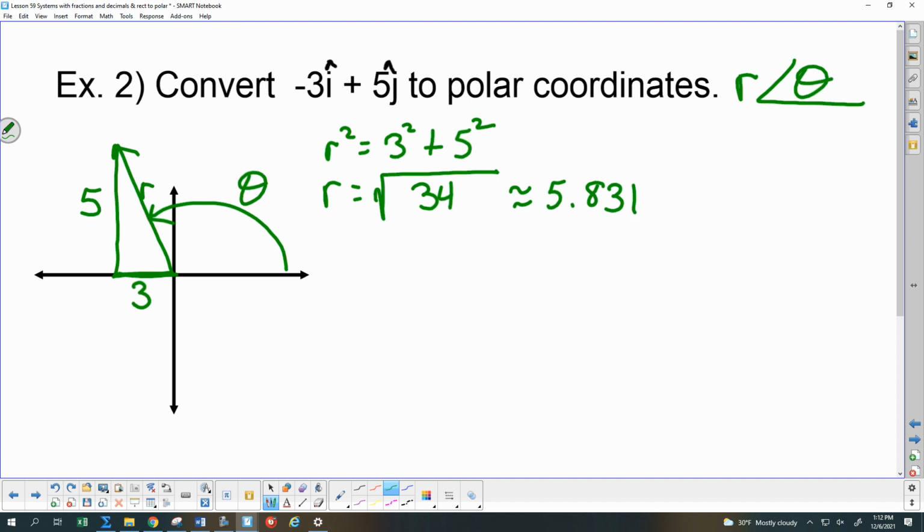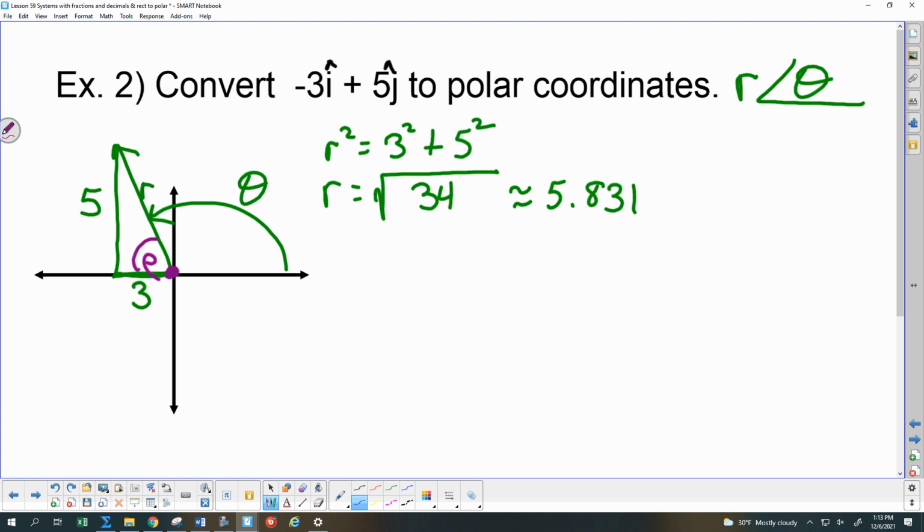Now the angle that I need is not inside that right triangle that I've drawn, correct? So I'm going to use the same kind of reference angle that I've been using, the angle that's inside the triangle with a vertex at the origin, which would have to be this little angle here. With right triangle trig, for that angle, which trig ratio should I use for the 5 and the 3?